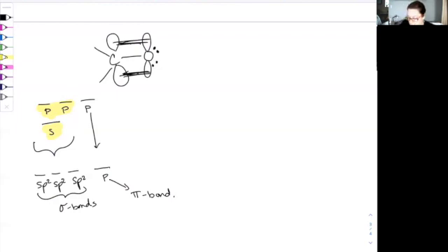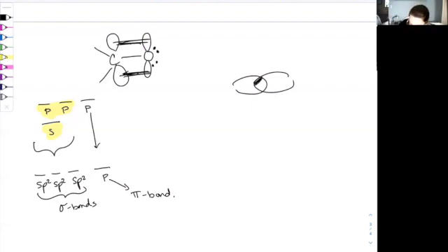Okay, so let's take a step back for a second and talk about the fact that we have two different shapes of bonds. We have one shape of bond that we call a head-on bond, which happens when two orbitals overlap like this.